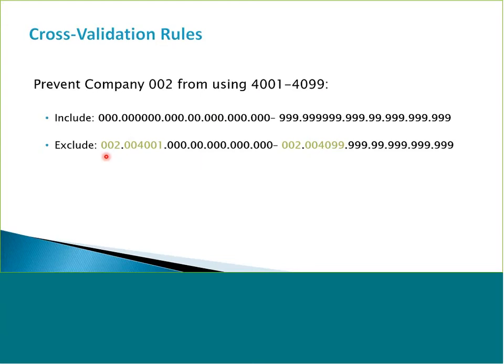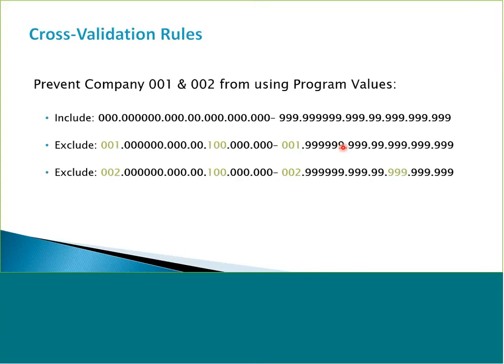So you cannot enter any combination that has company two and this range of accounts from 4001 to 4099. Okay, so let's see our next example.